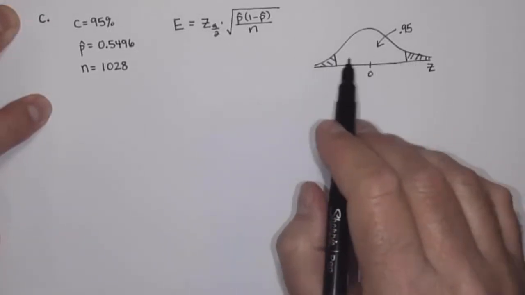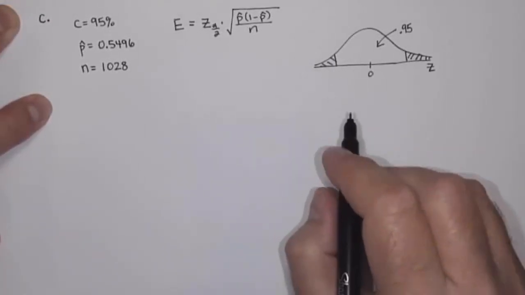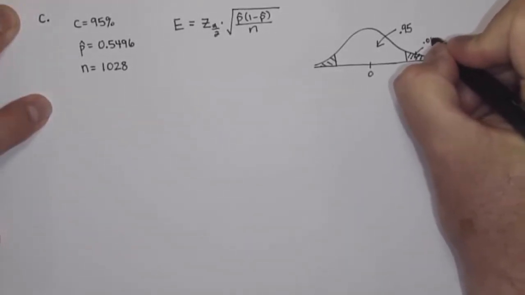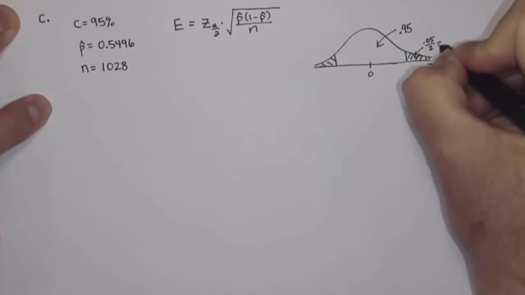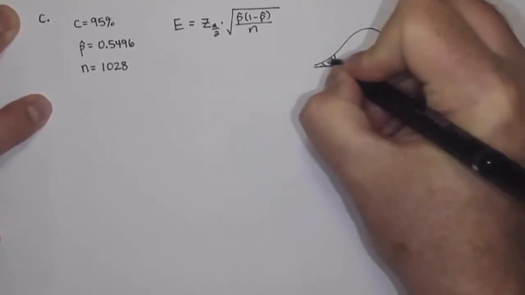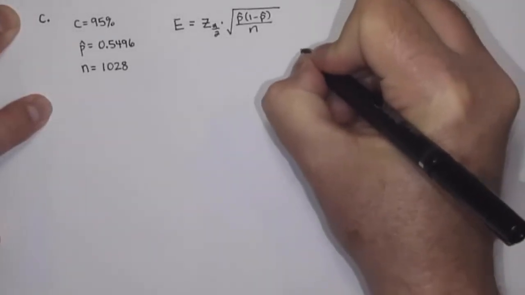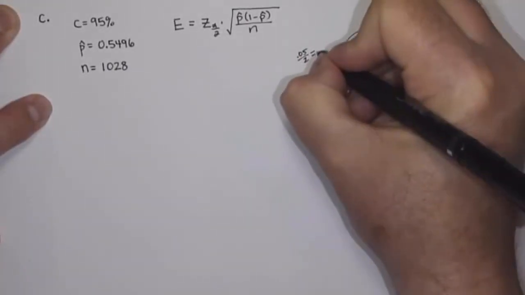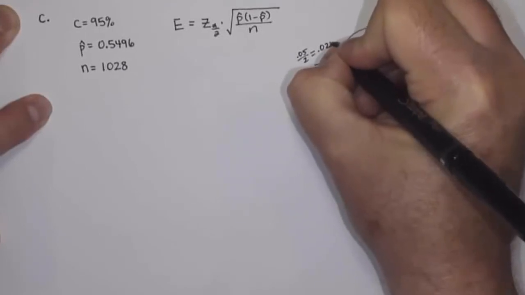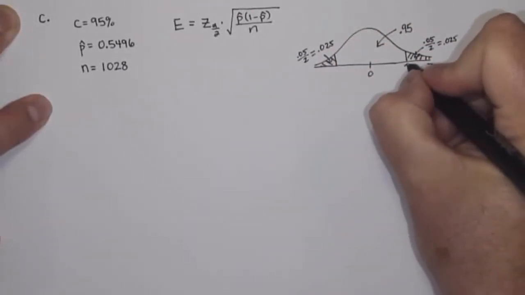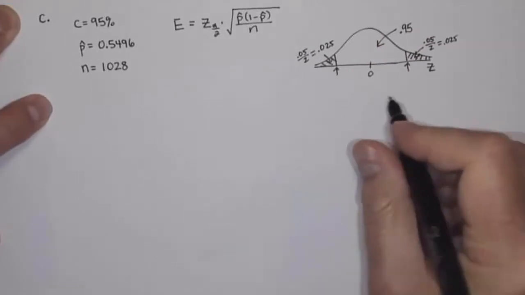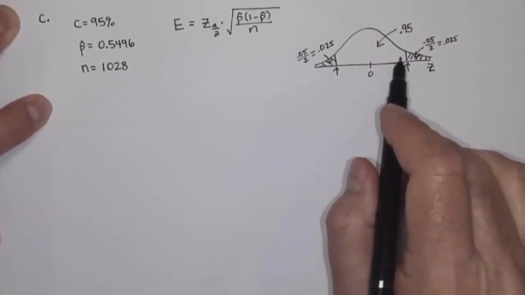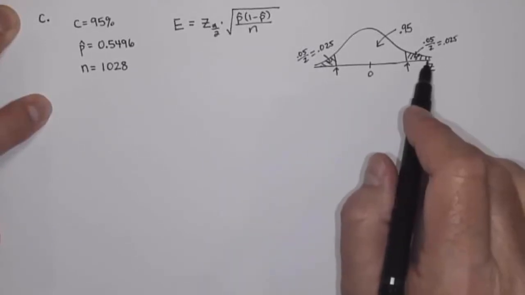Now, because of symmetry, half of that 5% is going to go in each tail. So this area right here is going to be 0.05 divided by 2, which is 0.025. And this area in this tail here is also 0.05 divided by 2, which is also 0.025. So I need to find the z-scores that are separating this middle 95% of area from the outer 5%.